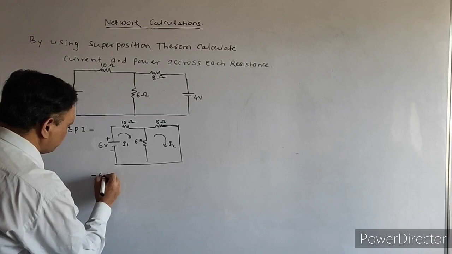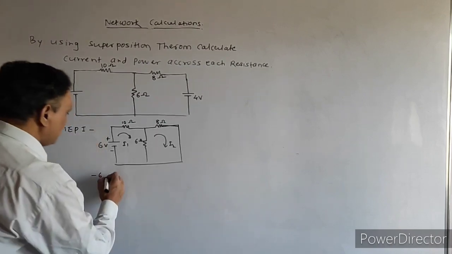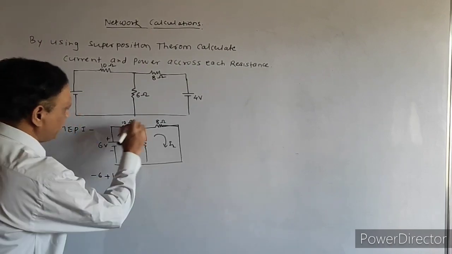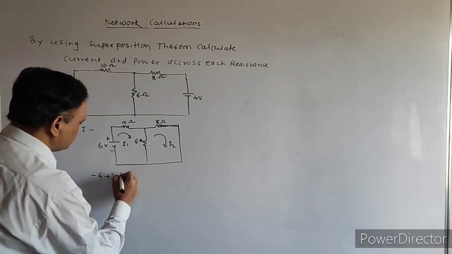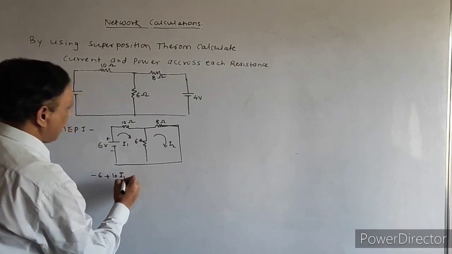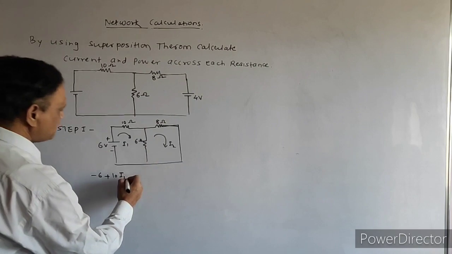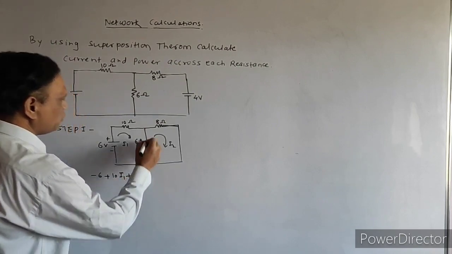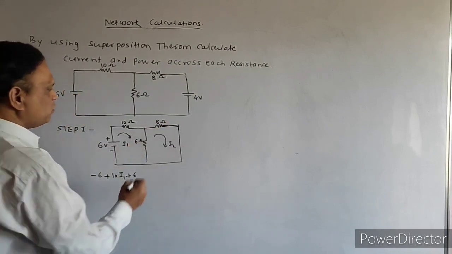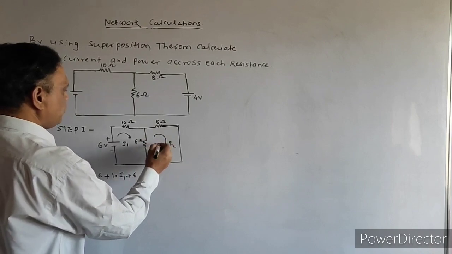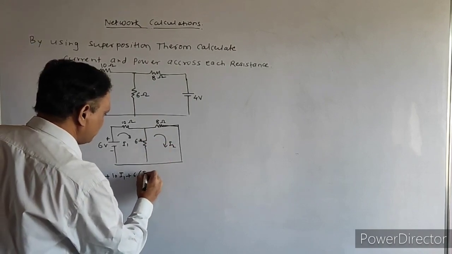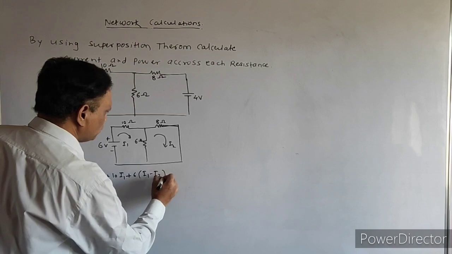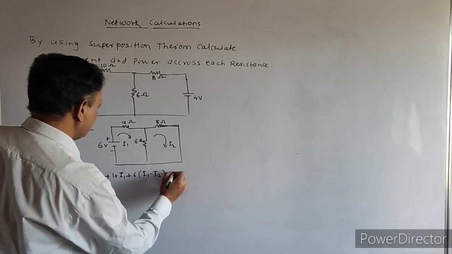As per our convention, we will take -6 plus the remaining terms, which are always positive. So this is 10 I1 plus 6 into, this branch is common for both. So we have to say I1 is bigger than I2. So this is equal to 0.